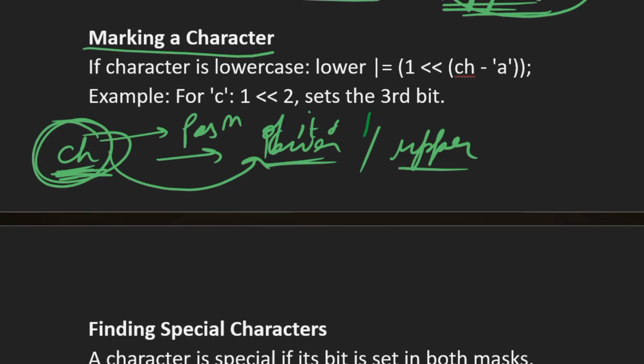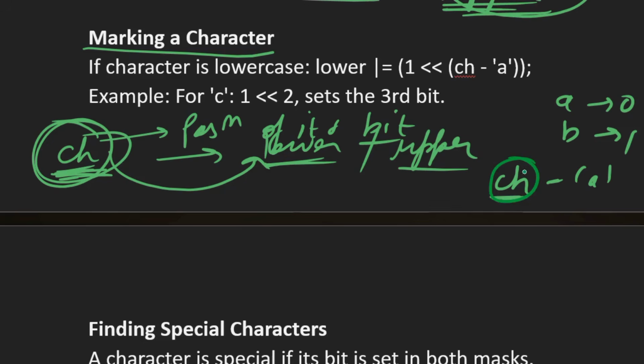As we have already seen, a is bit 0, b is bit 1. So if we do ch minus a, the ASCII value of ch minus the ASCII value of a, it will give us the position of that bit.